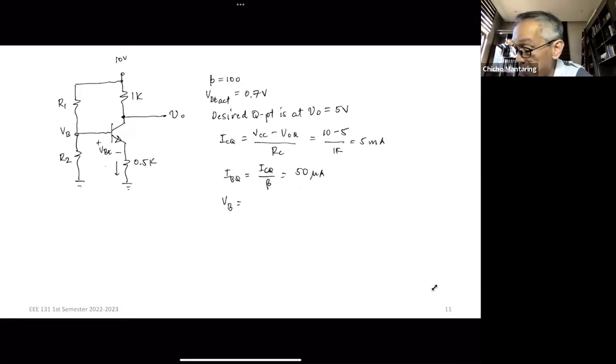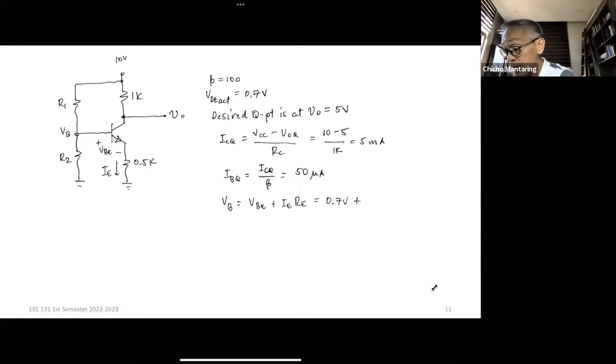V sub B is equal to VBE plus IE times RE, which is equal to 0.7. We said VBE active is 0.7 plus. Now IE is equal to 1 plus beta times IB.